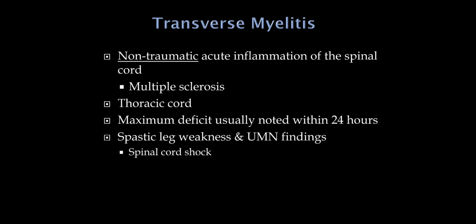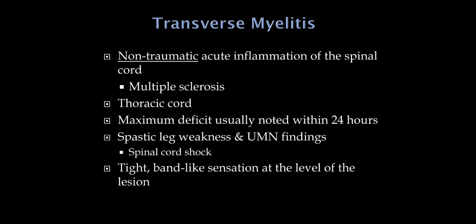And so you say, yeah, this has to be thoracic cord. You confidently get your reflex hammer out, expecting to find hyperreflexia in the legs, and the reflexes are absent. And so this is spinal cord shock. Now, if you come back and check that patient a few hours later or the next day, then the hyperreflexia and the clonus and all of that will come out. All right, so that can be a little bit confusing if you've not heard of that.